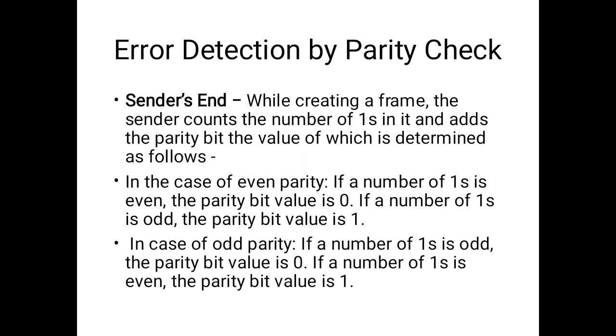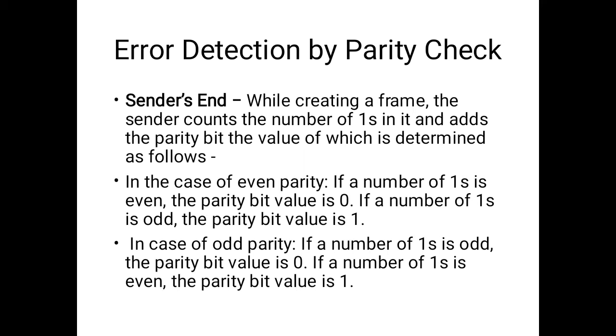After transmitting at the sender's end, at the transmitter end, it will count the number of ones and sets or resets the parity value according to the even or odd parity. If it is even parity, if the number of ones are even, parity bit will be 0. If the number of ones are odd, parity bit will be 1 to make the number of ones even.